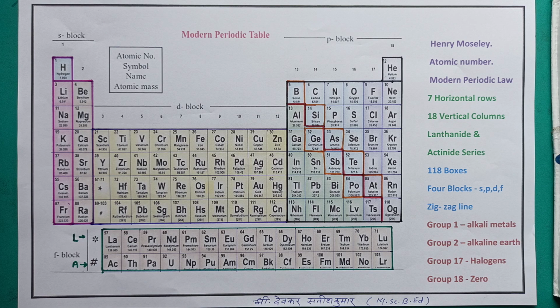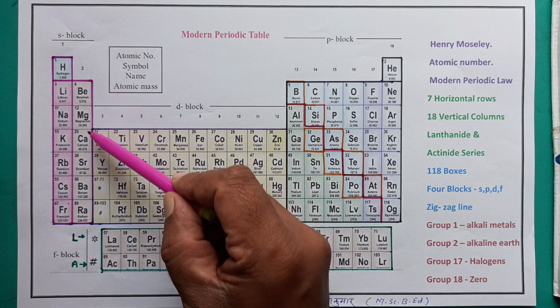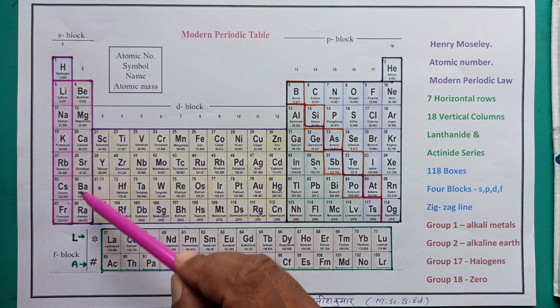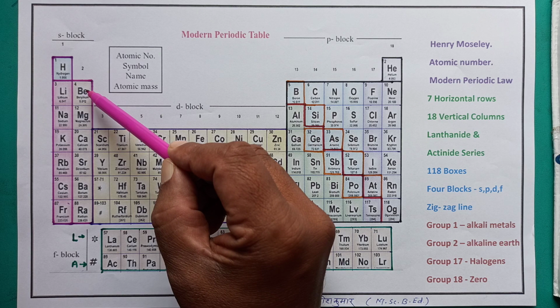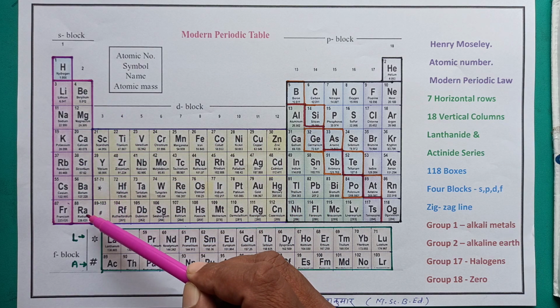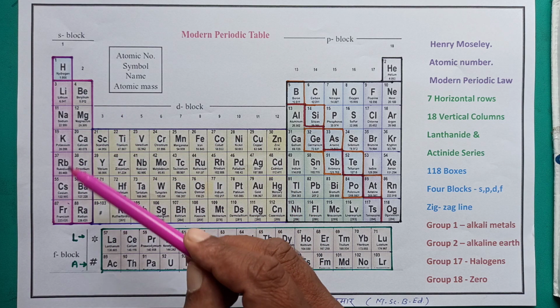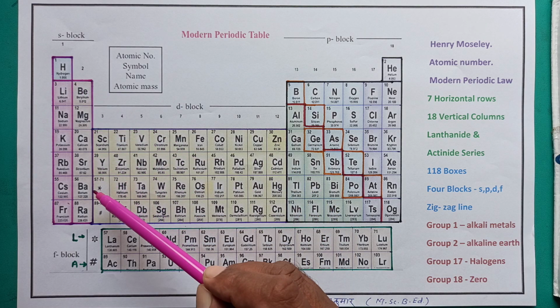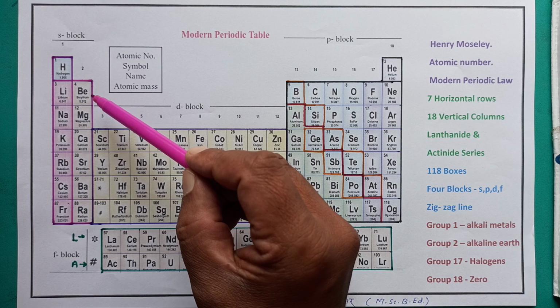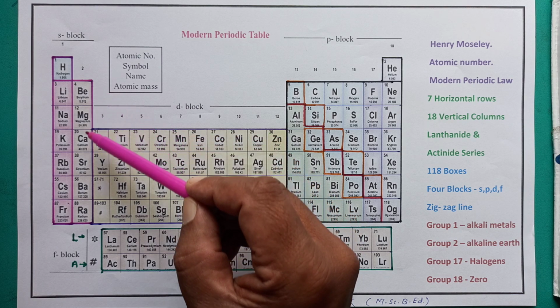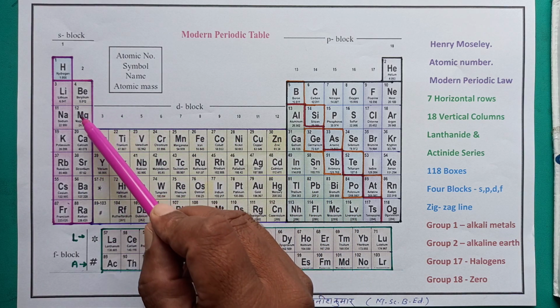Then group second. These are the elements beryllium, magnesium, calcium in the second group, and these elements in group second are called alkaline earth metals, and the valency of all alkaline earth metals is 2.